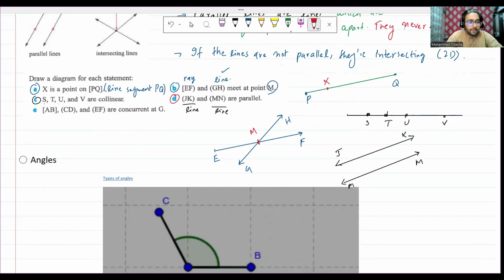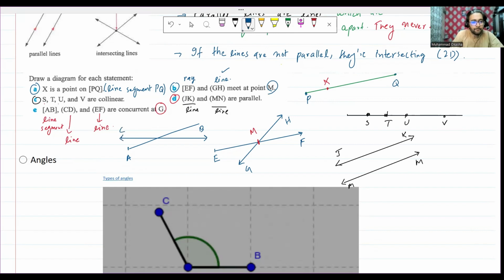Next, AB is a line segment. I'm going to write line segment. CD is a line, and EF is also a line. They're concurrent at point G. So we have AB as a line segment, and CD is a line, so it's going to have arrows on both sides, C and D. And we have another line, which is EF.